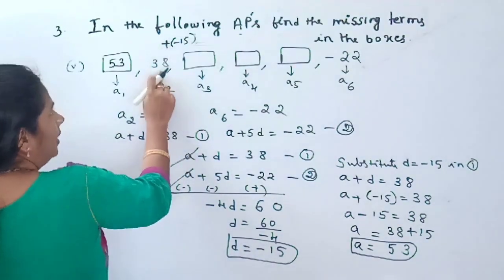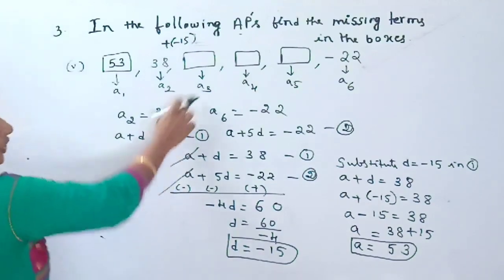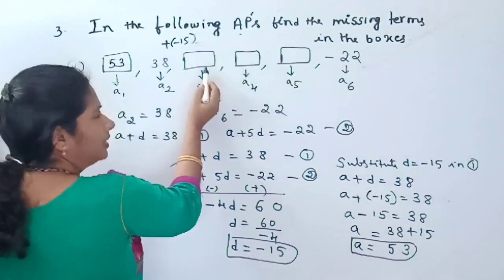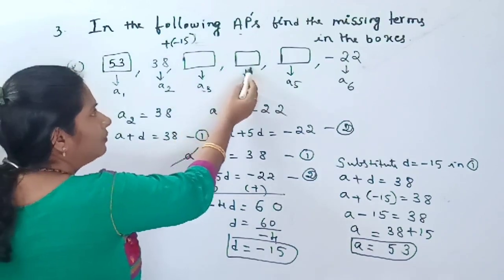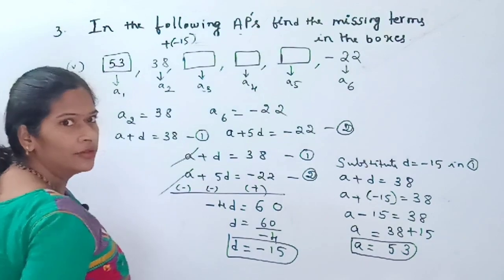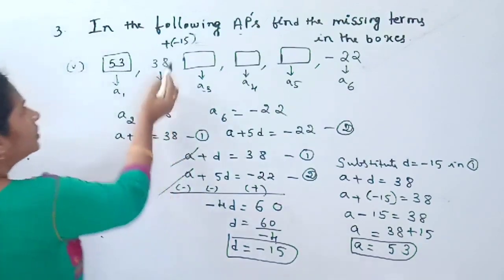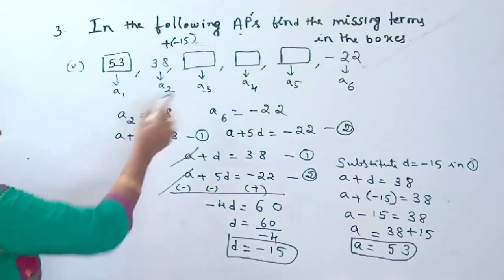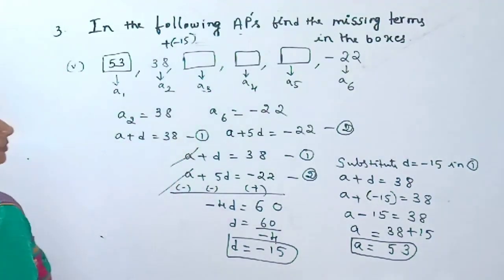So 38 minus 15 you do, you will get third term. Same way, add the common difference to third term, you will be getting fourth term. Add the common difference to fourth term, you will be getting fifth term. Is it clear?